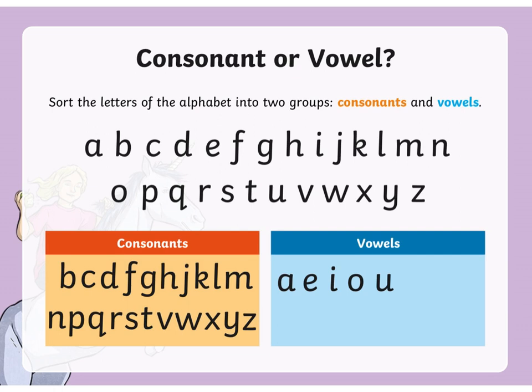Let's sort the letters A to Z first. We have to find out which are consonants and which are vowels. Now let's start with the vowels. Vowels are A, E, I, O, U. These are vowels and the rest are the consonants.